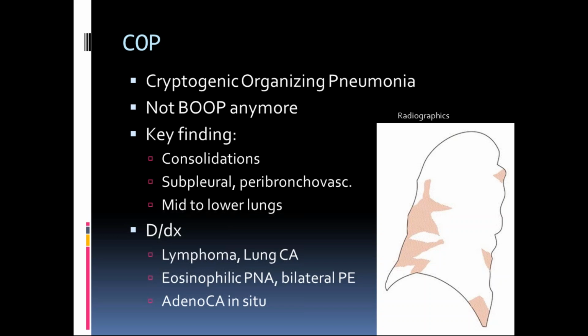Okay, so again, COP is actually a diagnosis of exclusion. You have lymphoma, lung cancer. You can certainly get those bilaterally. I had a case just about 6 to 8 months ago of bilateral adenocarcinoma in situ, bilateral PEs. You don't see the infarcts very often like that, but it's certainly possible. And eosinophilic pneumonia is definitely a peripheral disease.